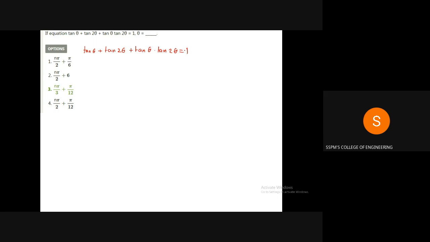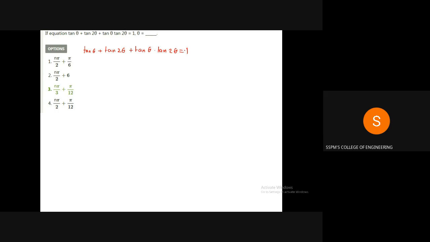In order to use this formula, we have to rearrange a few terms to make it in this form on the right hand side. So tan theta plus tan 2 theta is equal to 1 minus tan theta tan 2 theta. This third term we took to the right hand side.